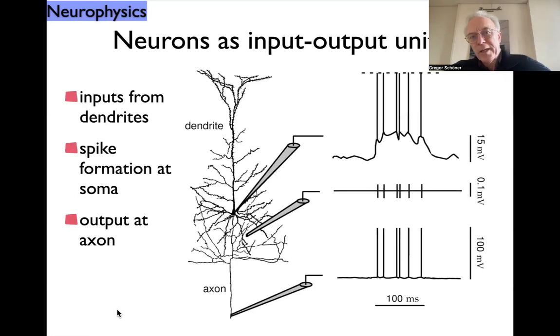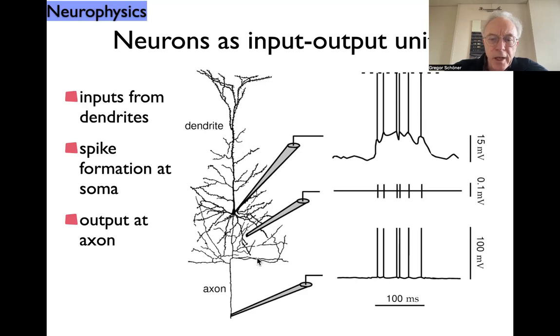So I did this brief neurophysics tutorial, which essentially drew your attention to the properties of the individual neurons in the brain, the typical cortical neuron here that has some complex dendritic structure. Here's the soma, where the spikes form, and then it goes down through some complicated axon onto other neurons, and the connections are made where these boutons, the synapses, are.